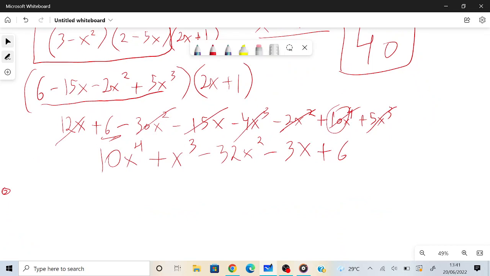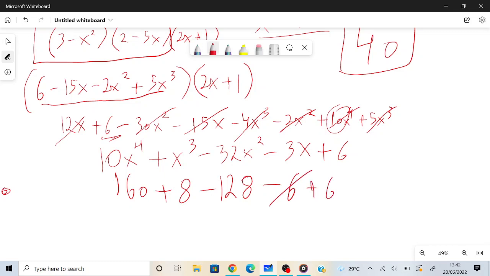So doing this, 10 times 2 to the power of 4, that is 160. That's 160 plus 2 to the power of 3, that's plus 8, minus 32 into 2 to the power of 2, that's minus 128, minus 3 times 2, that's minus 6, and then eventually plus 6.